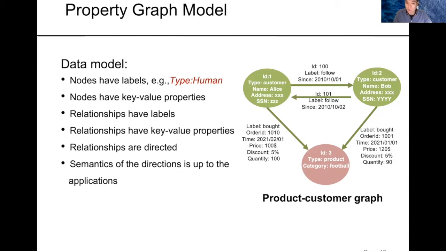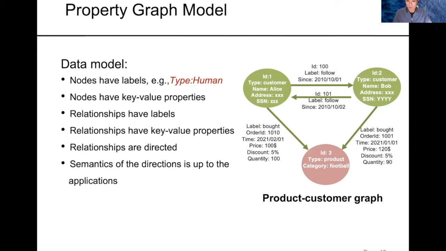In the graph, there are three nodes. Two of them are customer nodes, for example, the node with ID 1 and the node with ID 2, and the third node is a product node, and there are relationships between the nodes.